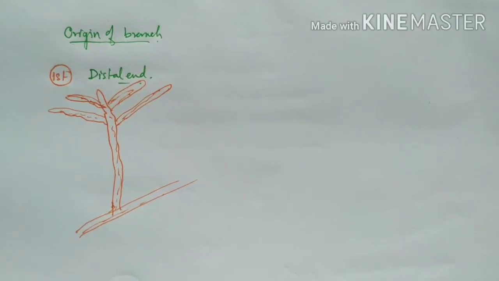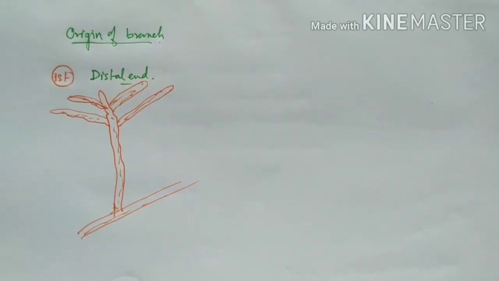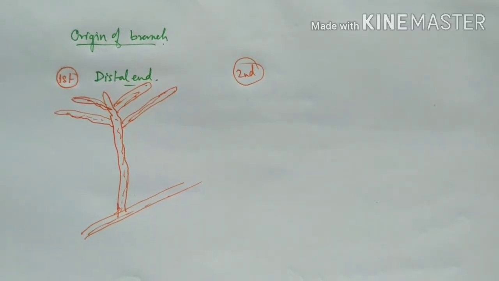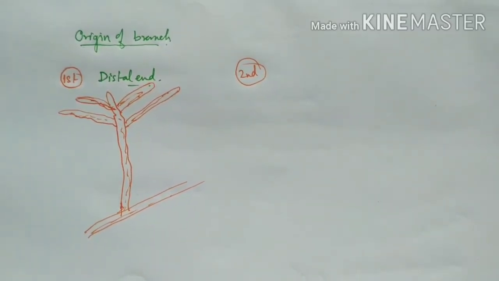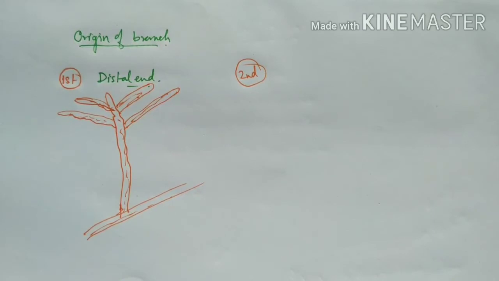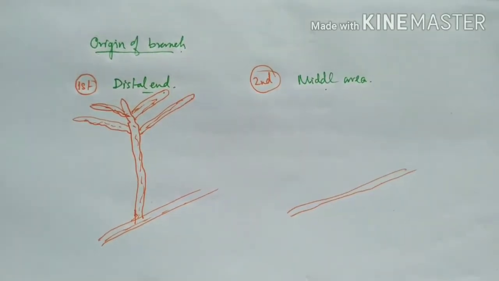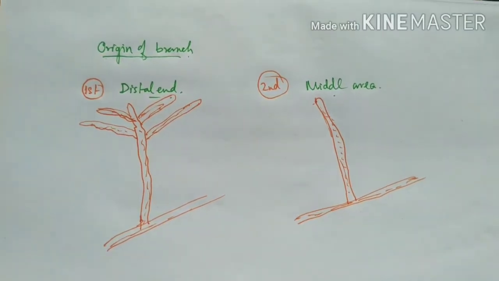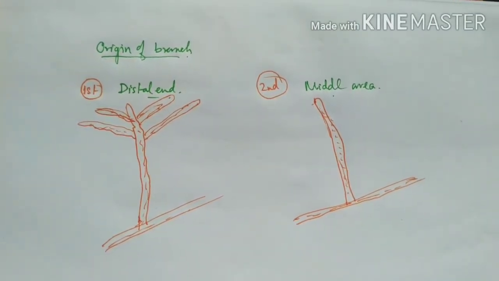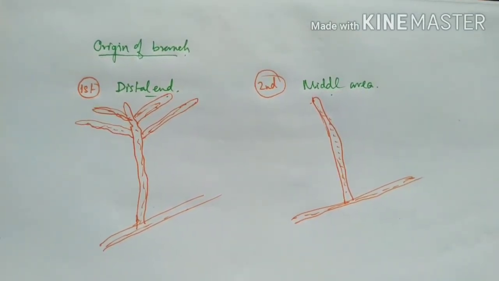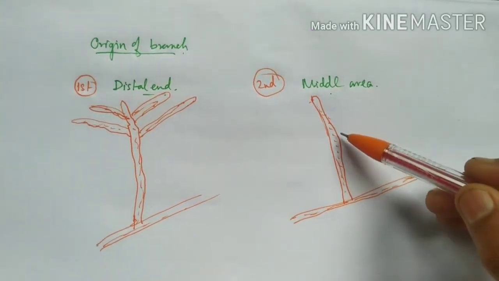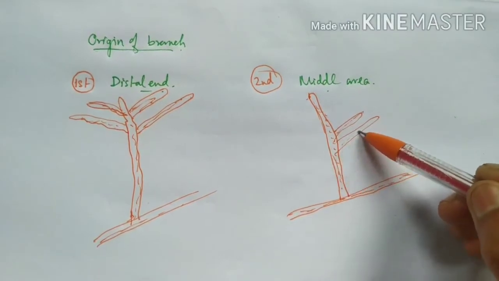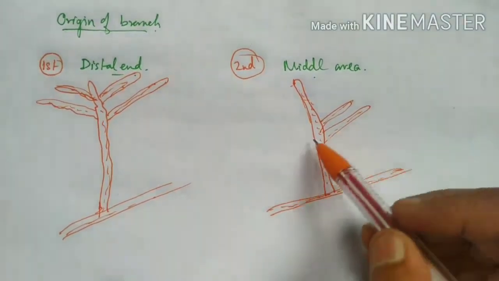And in the case of the second type, branches are produced from the middle portion. So this is the posterior branch, this is the main erect branch, and other branches are produced from this middle area, from this portion.